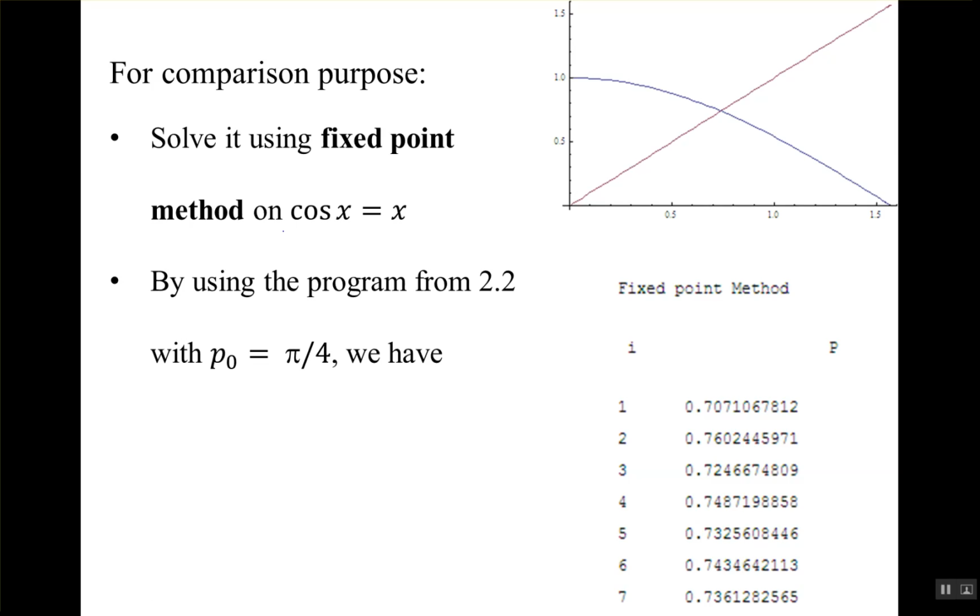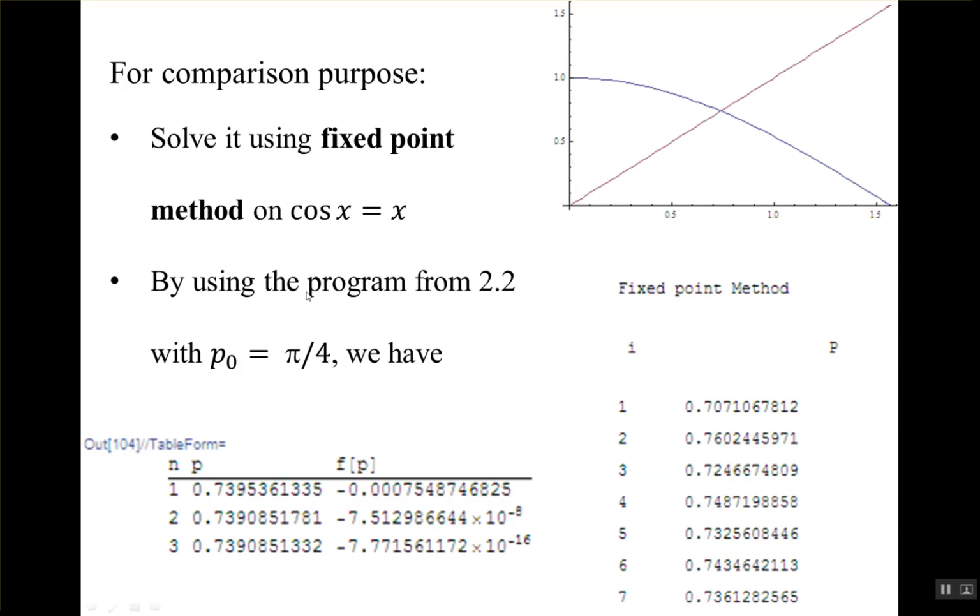Just for comparison purposes, if I run this using my fixed point program, this is my g of x, right? At 7 steps, the fixed point method achieves the same accuracy, versus Newton's method which only uses 3 steps. So Newton's method obviously runs faster when it comes to finding the roots.